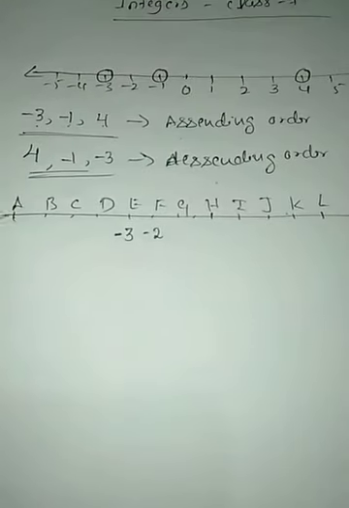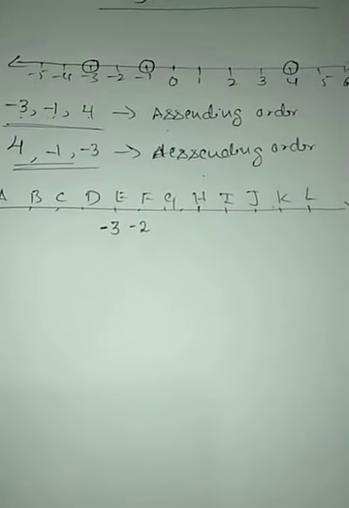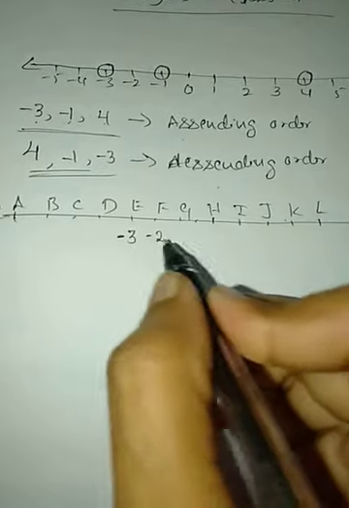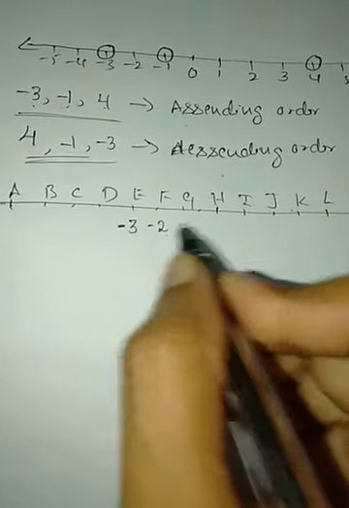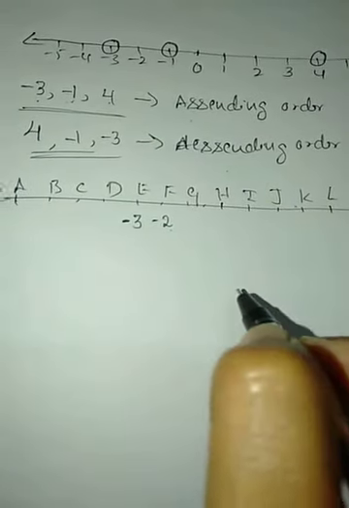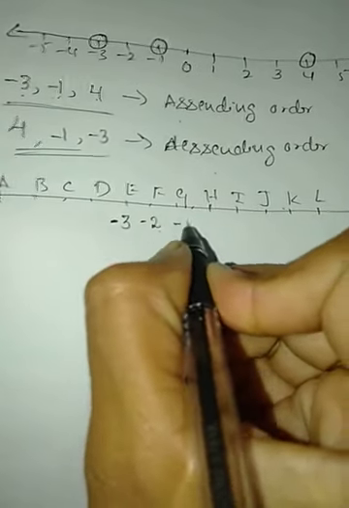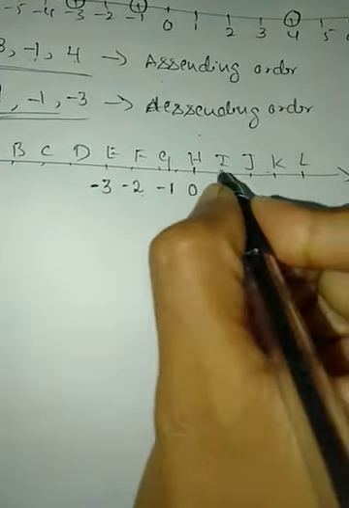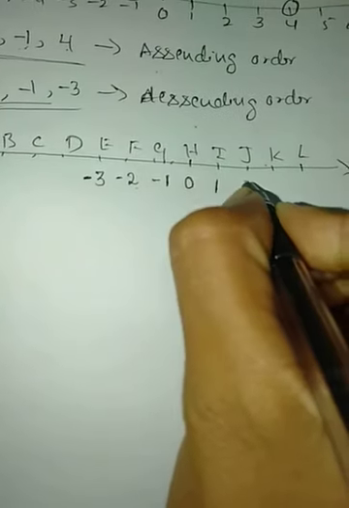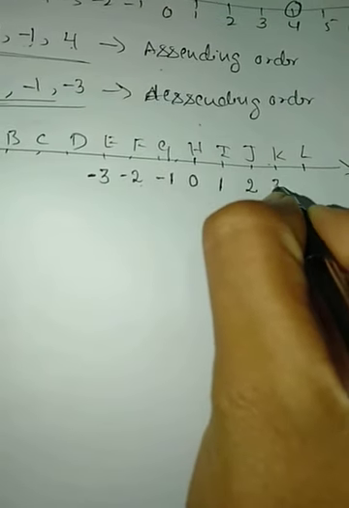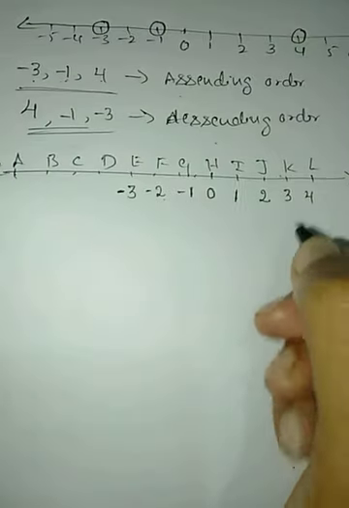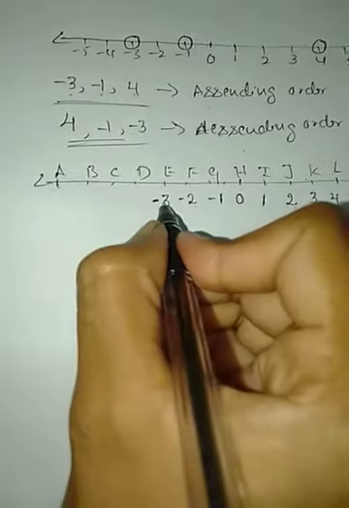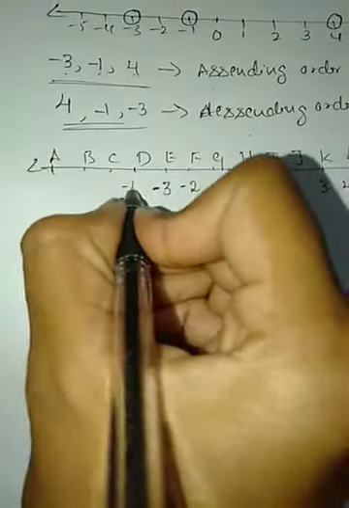This is -2. So what about the other numbers? Now we have to find out the other numbers. I'll give here two numbers, -3 and -2, so G is which number? -1. Yes. H is 0. I is 1. J is 2. K is 3, and so on. See here, this is -3, so this is -4.